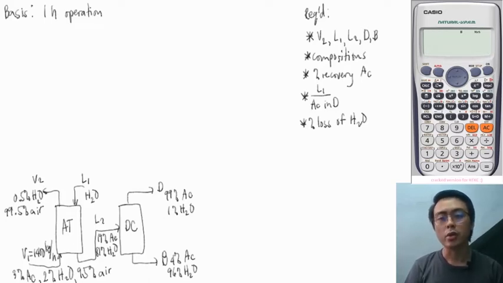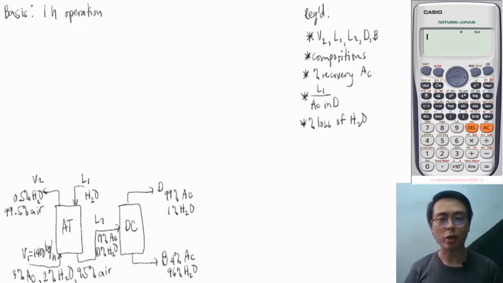After setting that, we can now proceed with our solution. Your solution here is quite different from previous problems, where you could go straight to the overall material balance and the component balances. In this case, you still have to set your system boundary. The system boundary could either be just the absorption tower, or just the distillation column, or a combination of both, and we call that the overall boundary.